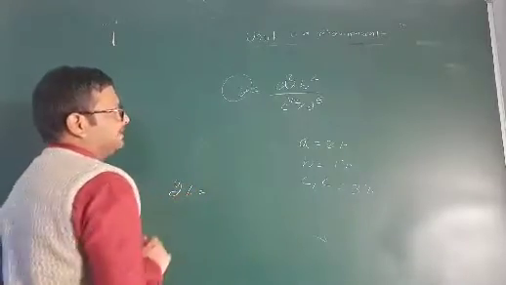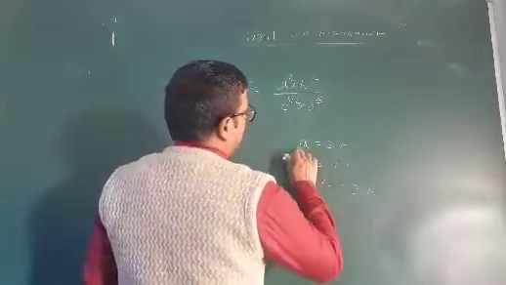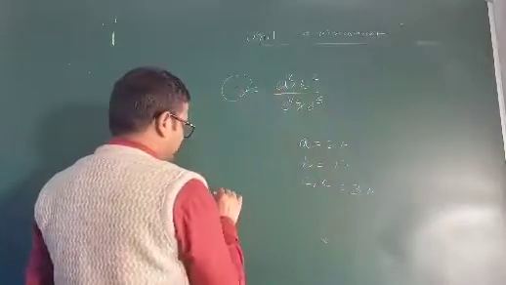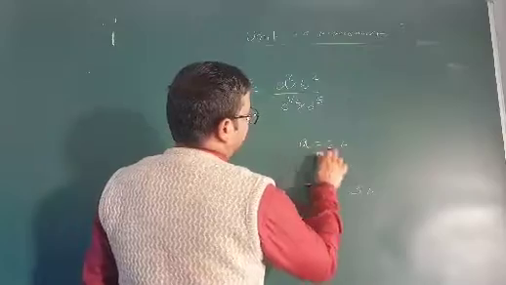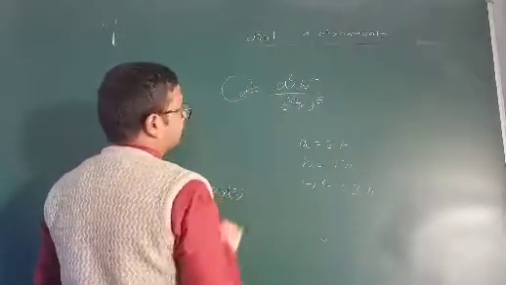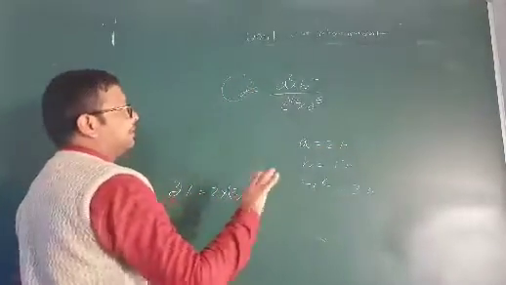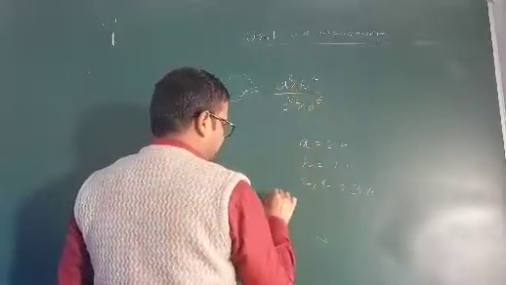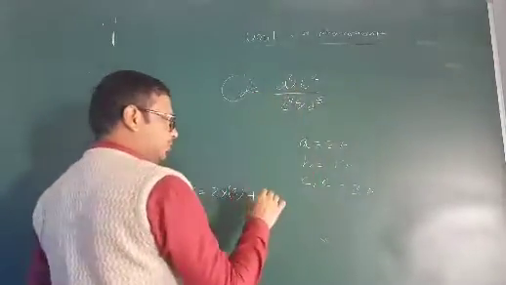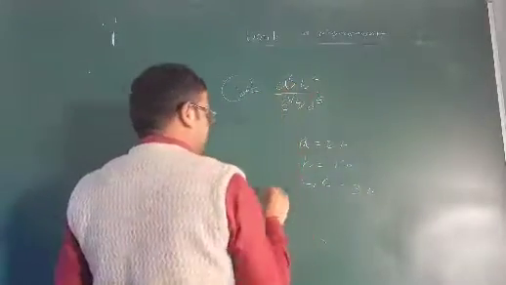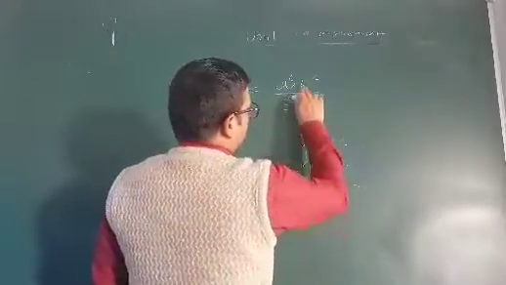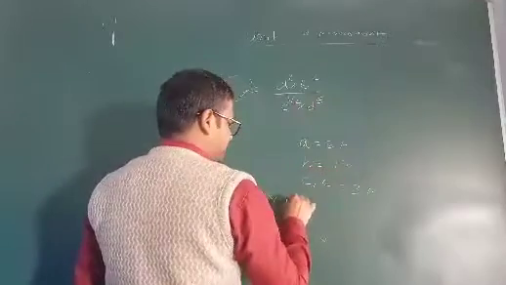The percentage error in y will be equal to, first, a to the power 2 into the error in a, 2%, plus b to the power 2. The power comes in front, as we have already told you. 2 into b's percentage error, 1.